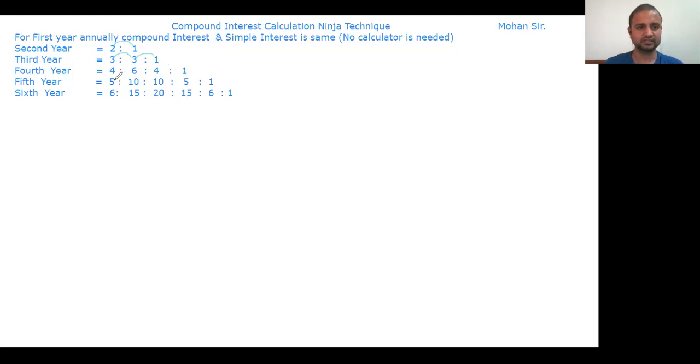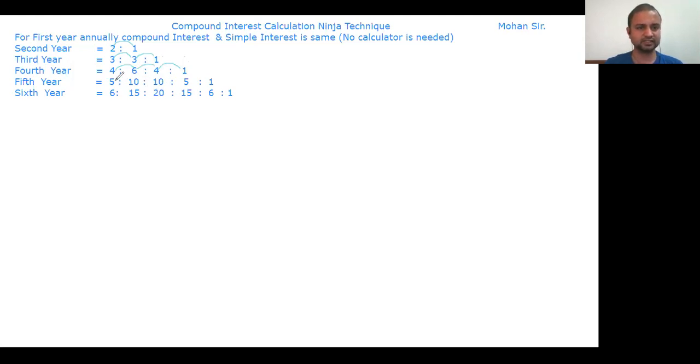Then again for the fifth year, we look at the fourth year. 4 plus 6 is 10, and this 6 plus 4 is this 10. Then 4 plus 1 is 5, and the last one is already written, as we said before, the first one is according to the number of the year, and the last one will obviously be 1 only.